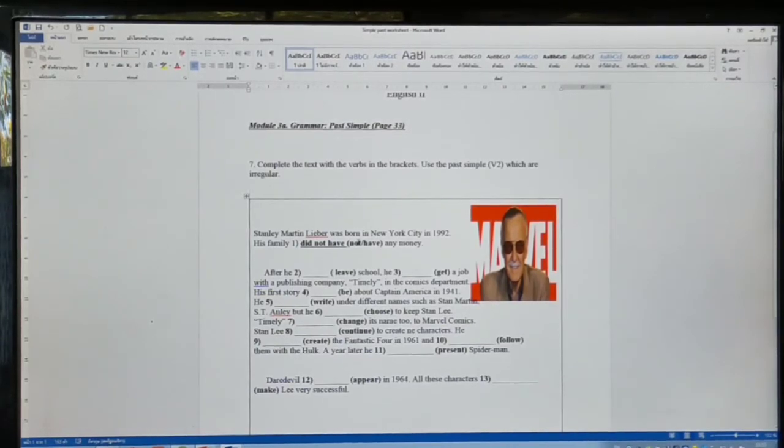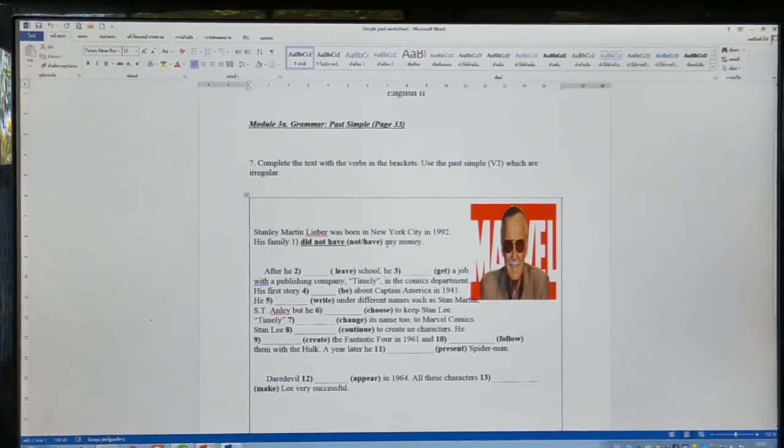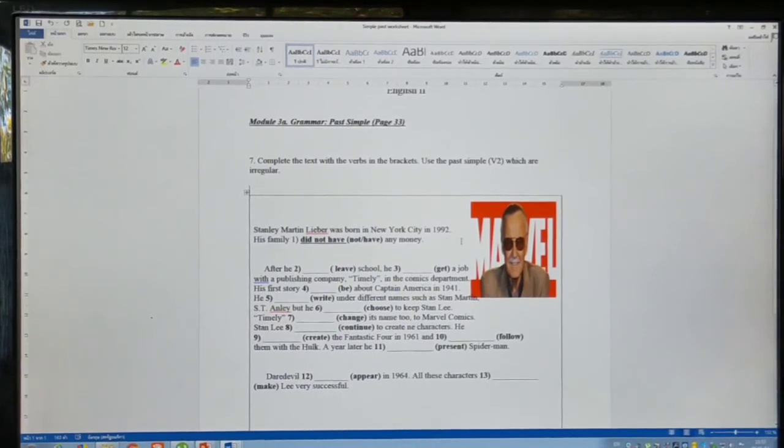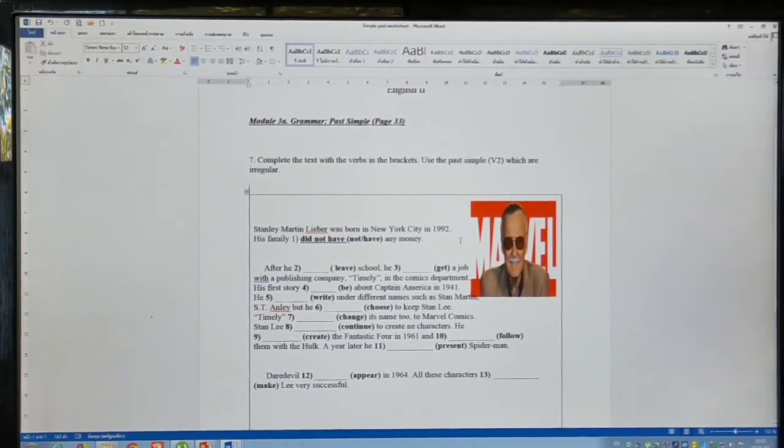So what did we say about the rule for a negative sentence? We have your subject, his family, plus did, plus not, plus verb 1 or the base form of the verb, which is have, and then your object, which is any money. There is no time indicated here, but it's okay.